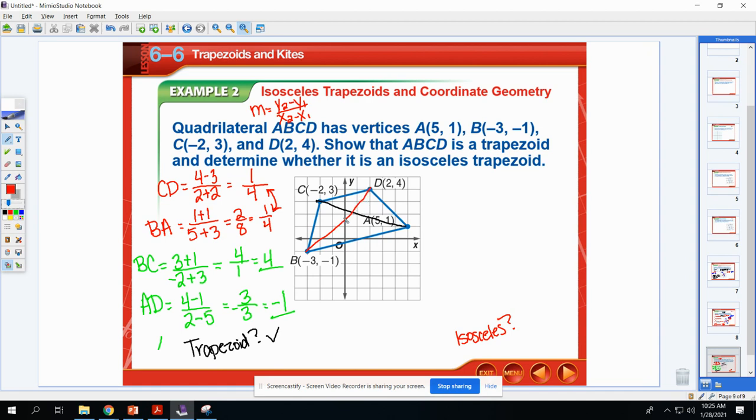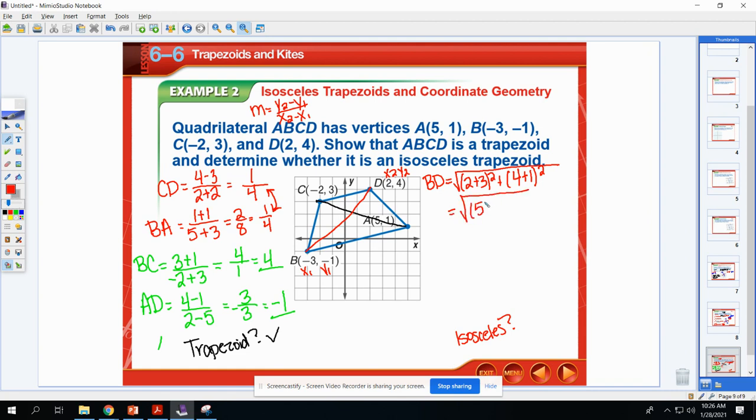So we've got to take the segment BD, figure out what the distance of that would be, and then figure out the distance of CA. I'm going to start off with BD, x1, y1, x2, y2, and throw that into the distance formula. So x2 minus x1 is 2 minus negative 3, or 2 plus 3, squared, plus y2 minus y1, 4 minus negative 1, or 4 plus 1, squared.